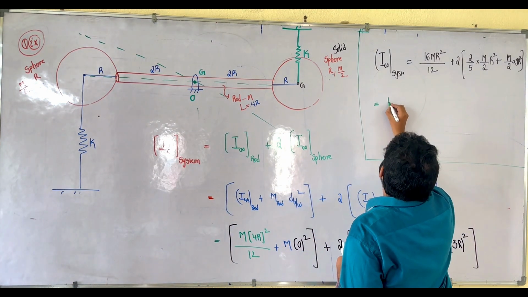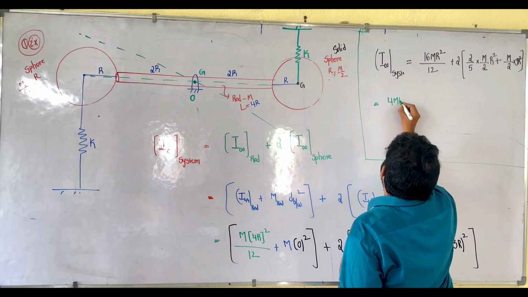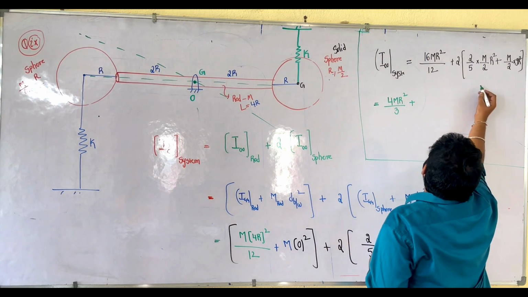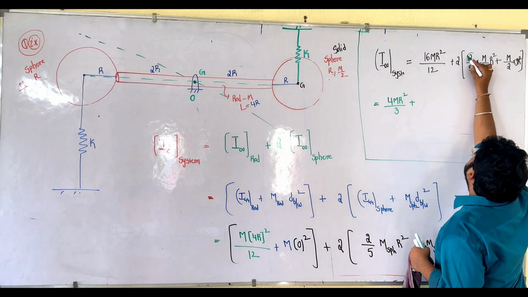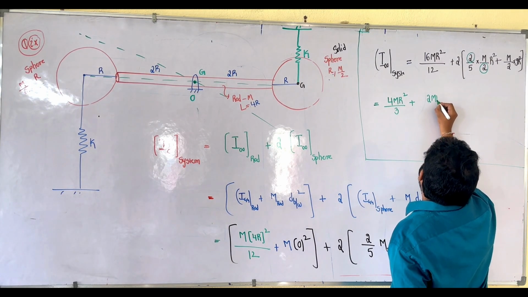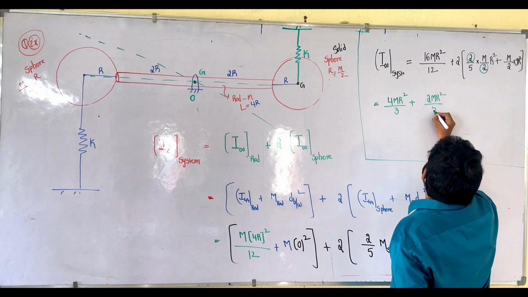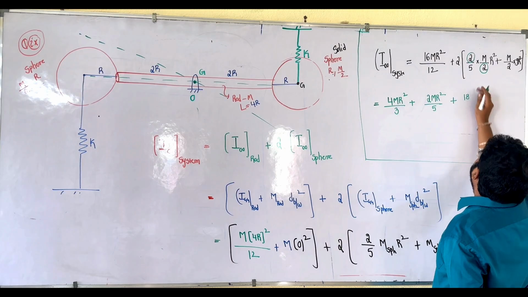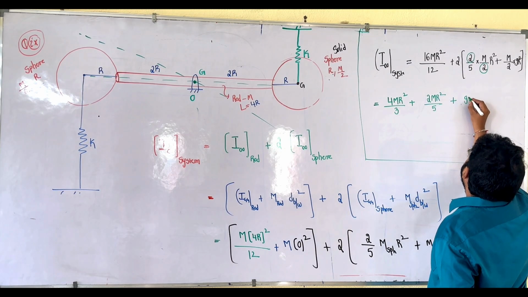This is 4 mr squared by 3. Then we get 2 mr squared by 5, plus 9 mr squared.